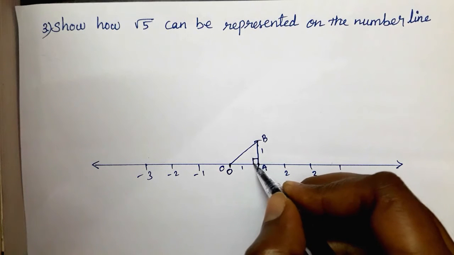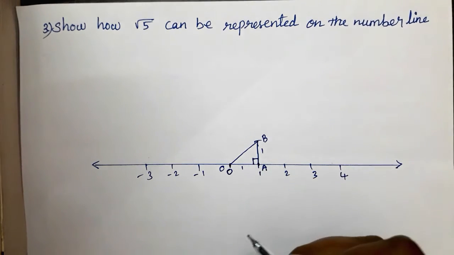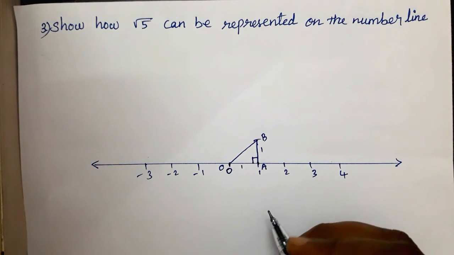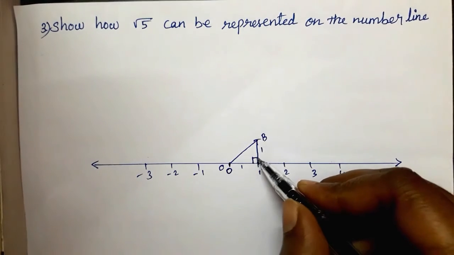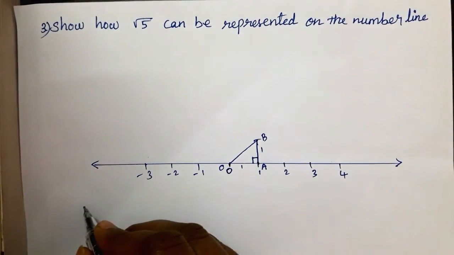It is a right angle triangle, so we have to apply the Pythagoras theorem. We already know that the square of the hypotenuse is equal to the sum of the squares of the other two sides. The side directly opposite the right angle is called the hypotenuse.